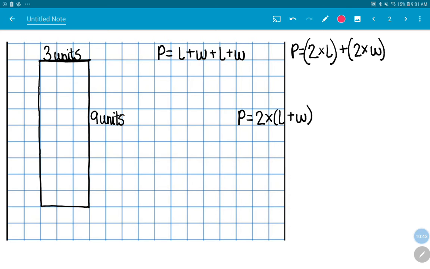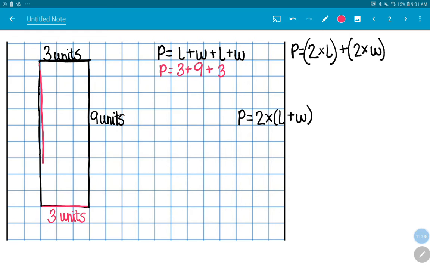If I just simply add all the sides, perimeter is going to be equal to the length, which is 3 units, plus the width, which is 9 units, plus the length of this side here. I know that if the top is 3 units, then the bottom's going to have to be 3 as well.